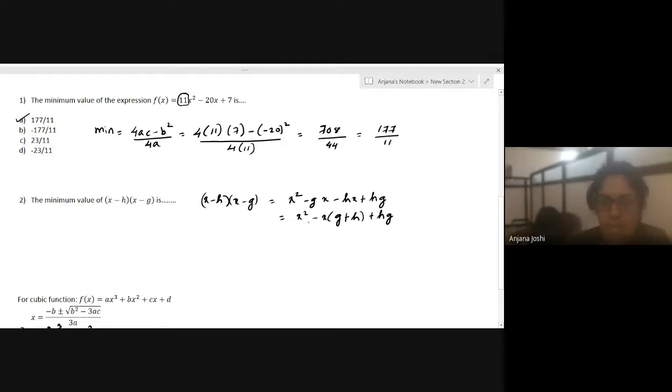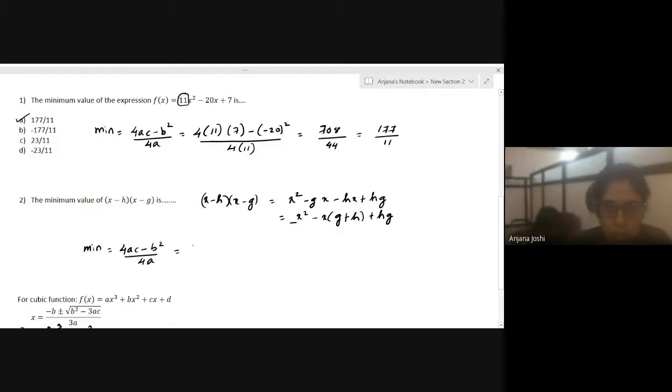So now this is written in terms of the quadratic equation, and we shall be able to make use of the same formula here. Since I want the minimum value, and you can see that the coefficient of x square is 1, which is positive, I will make use of the formula which we discussed, that is, minimum value is given by (4ac minus b square) divided by 4a.